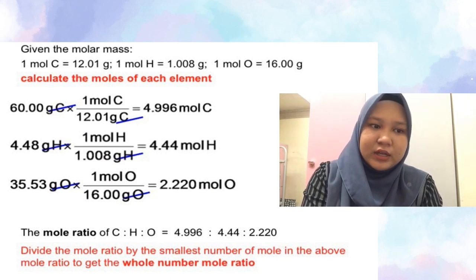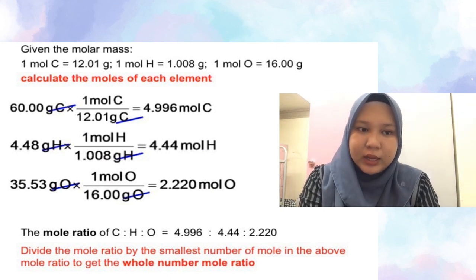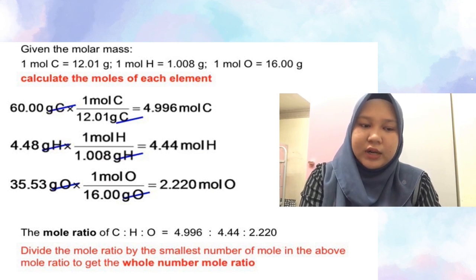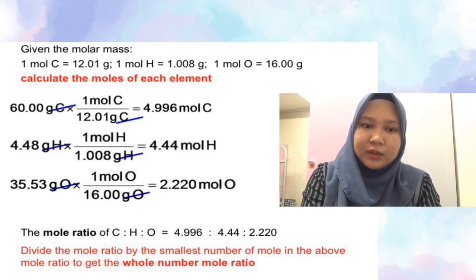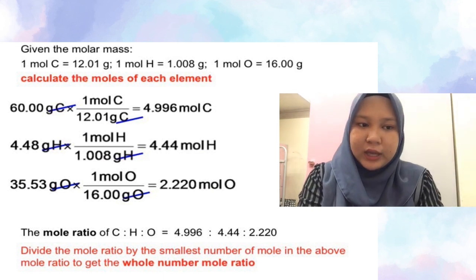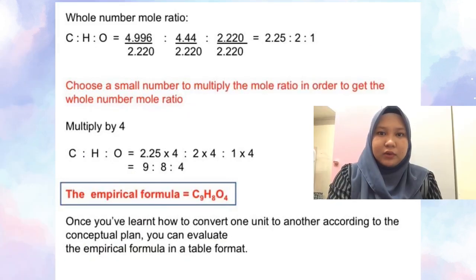The mole ratio of carbon, hydrogen, oxygen equals 4.996, 4.44 and 2.220. Divide the mole ratio by the smallest number of moles in the above mole ratio to get the whole number mole ratio.